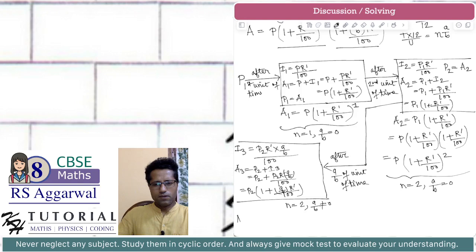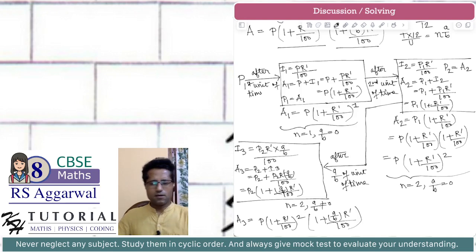P2 we already know from the previous computation. What is P2? P2 is A2, and A2 is P into 1 plus R dash by 100 whole square, and then we have this factor 1 plus A by B R dash by 100.